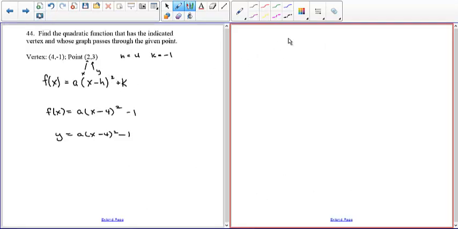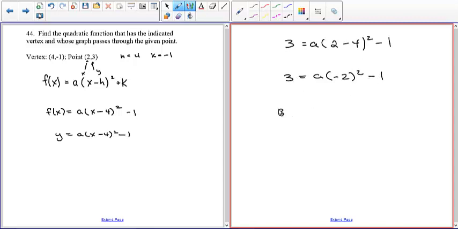So when y is 3, x has to be 2. And you can see that now the only unknown is a. So I get 3 is equal to a times (-2) squared minus 1. What I'm going to do is move this to the other side.